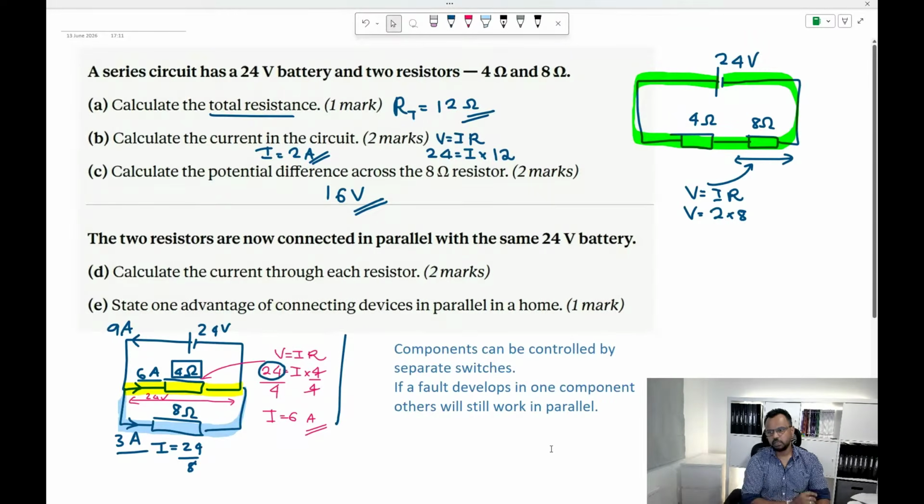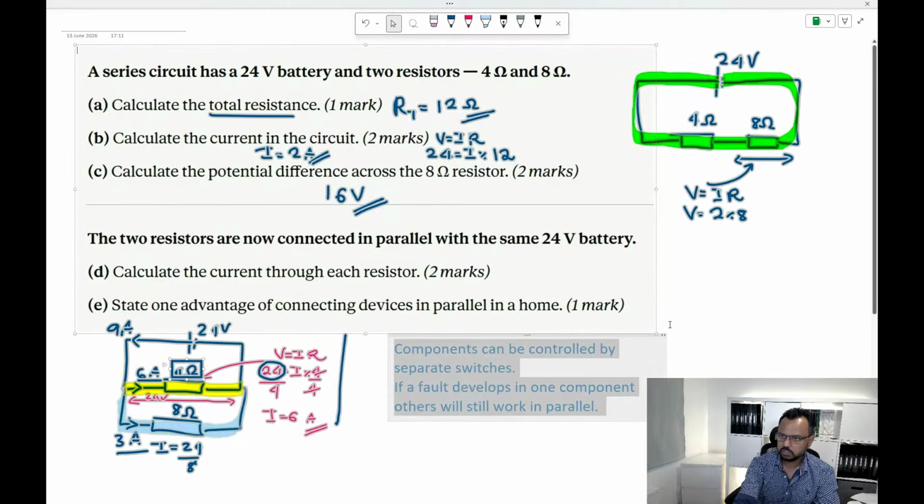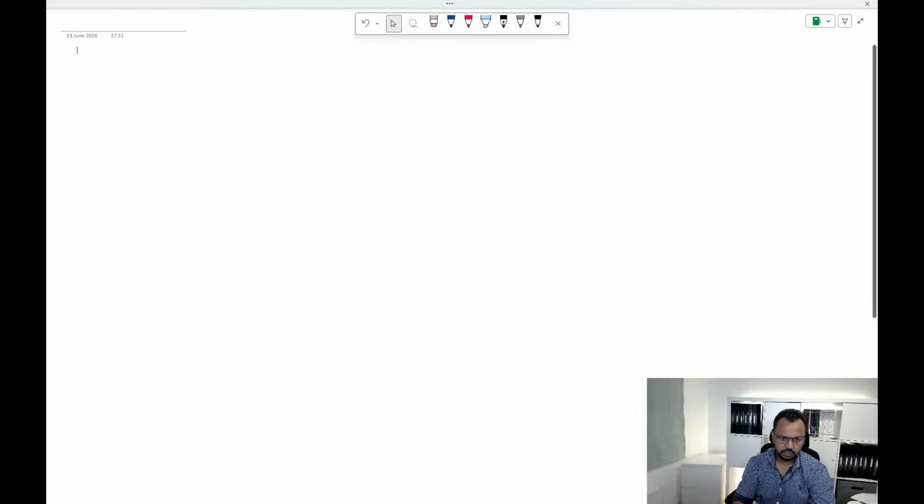Right, that's it. So those are some advantages of using parallel circuitry. Done. Right. I think that's quite sufficient. Let's do another one. These are all possible questions, guys.